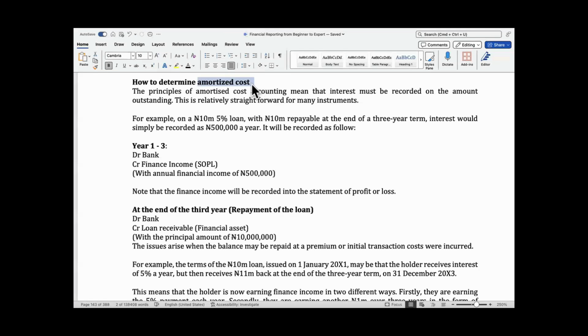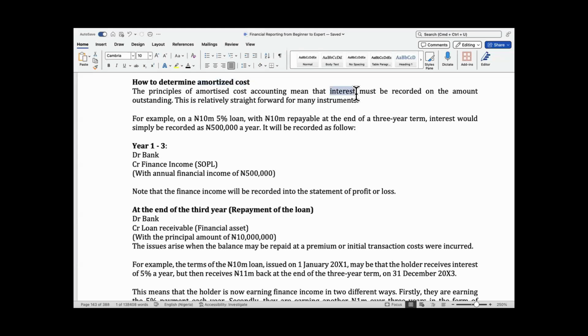So now, you see, the principle around amortized cost is that it relates to debt investments where you collect interest. And usually interest is calculated on the amount outstanding.